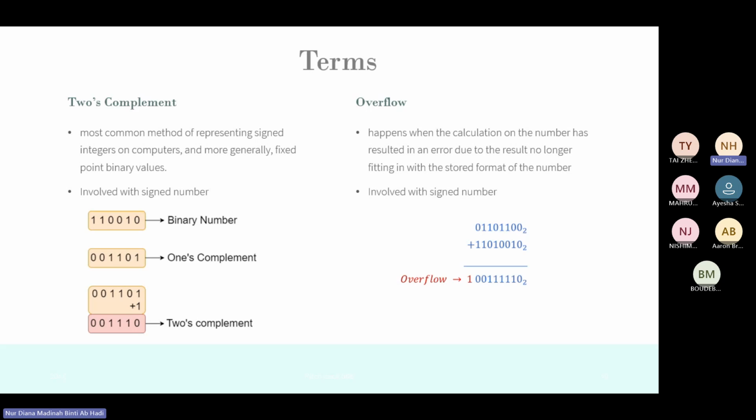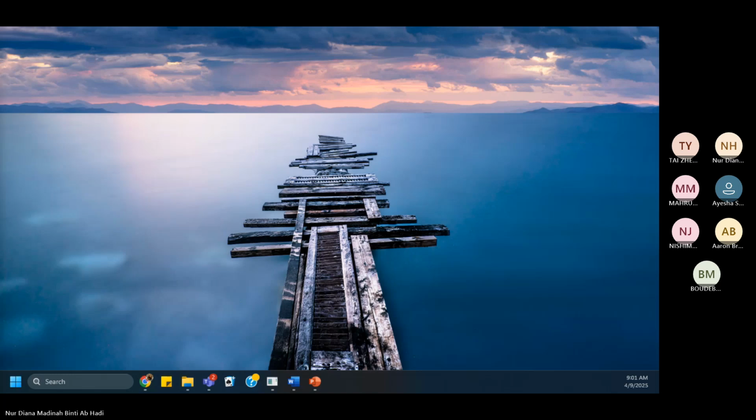So how do we know that our numbers have a complement? How do we know that we have numbers of one's complement, two's complement? How do we know that? Anyone? Anyone know?